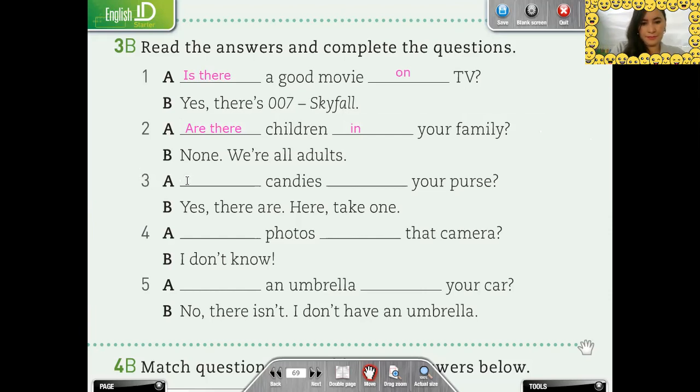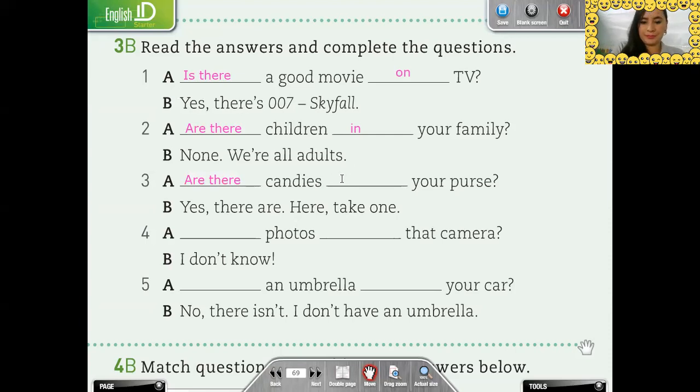Number 3. Do you have candies in your purse? Demonstrative pronouns, remember, like the examples we have in here. Are there candies on your purse or in your purse?